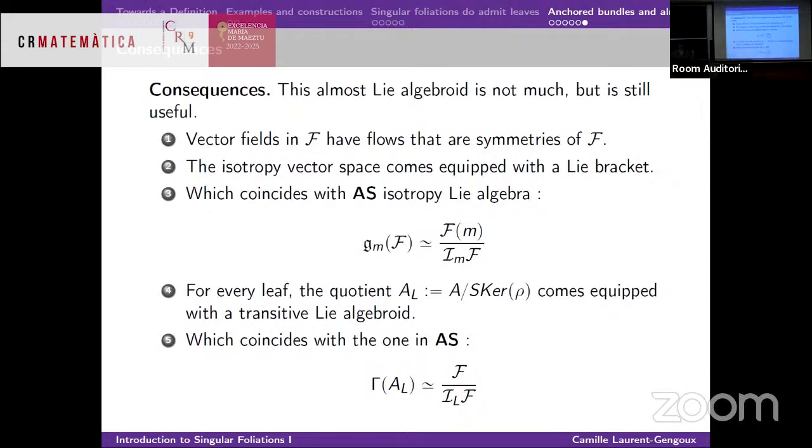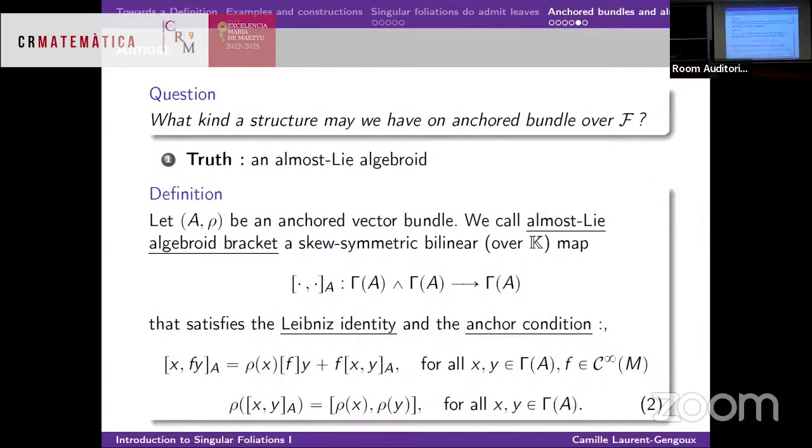But it also implies that this isotropy vector space, in fact, comes with a Lie bracket. Why? Because the isotropy vector space is the kernel divided by the strong kernel. And if you have an anchored bundle, because of this anchored condition, because of Leibniz, it's easy to see that the bracket you have, defined at the level of sections, satisfies Leibniz.